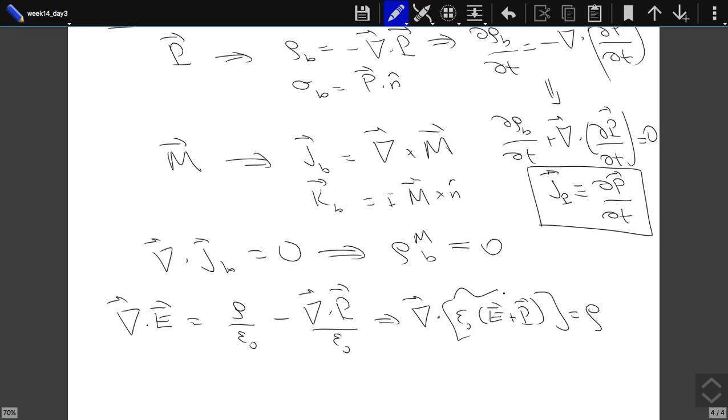Well, this was what we had defined as D, the displacement field. This is one of the equations. Well, this is in fact exactly the same equation that we had derived when we were looking at electrostatics in medium.